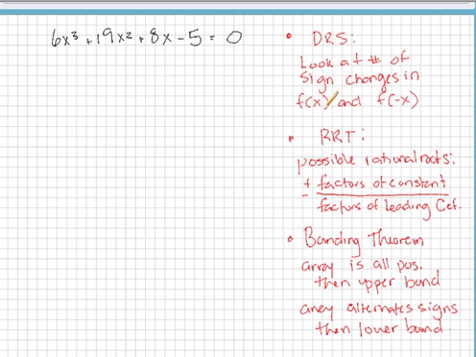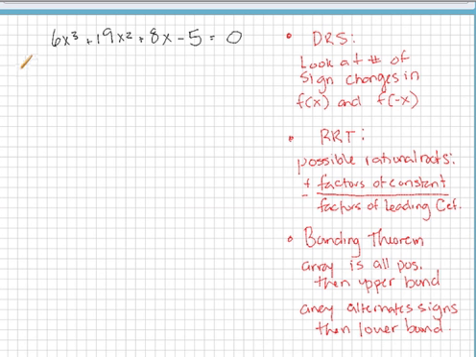Descartes' Rule of Signs, we're going to look at the number of sign changes in f of x and f of negative x. So let's go ahead and do that. The number of sign changes in f of x, which is my original function. Let's see, I have positive, positive, no sign change, positive to negative, one sign change.